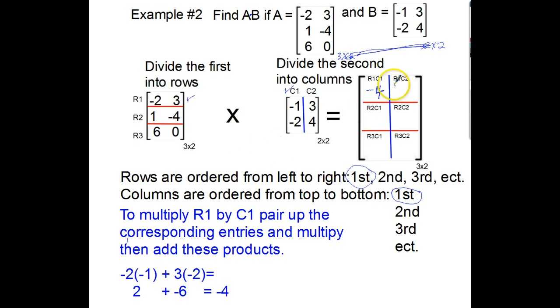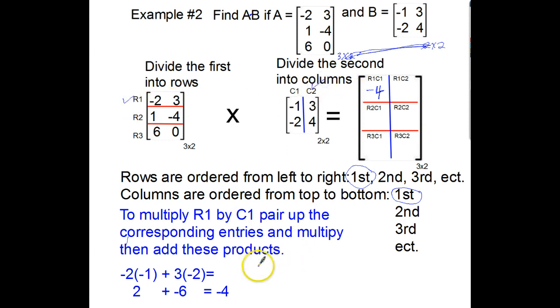All right, so we go to our answer, and we want to determine what goes into this space right here. Well, the position in the answer is row 1, column 2. So we're going to take the numbers in row 1 and multiply them by the numbers in column 2. Let's erase what we did over here. Now I'm going to be taking this row times this column.